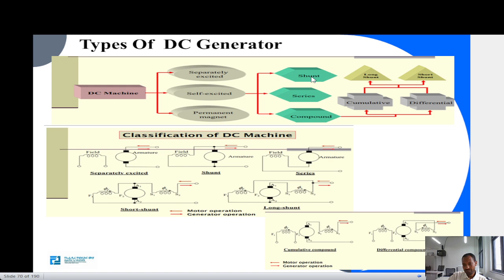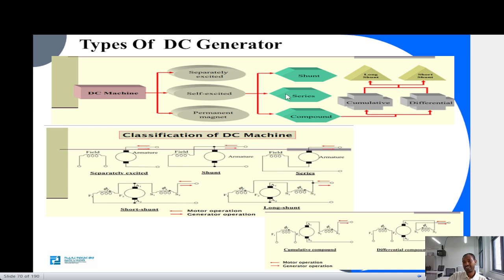If you see the classification based on the DC machine, this is the field and this is the armature, right? Now the field needs a separate source here, and the armature needs a separate source. Therefore, it is called separately excited.